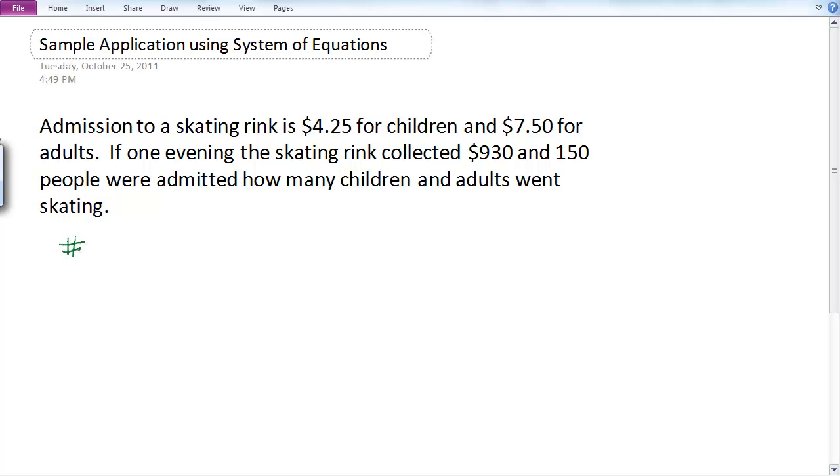This will be the number of adult tickets, okay, and that's going to be X. And then the number of child tickets is equal to Y. Now, as far as value goes, so we're going to go like this here.